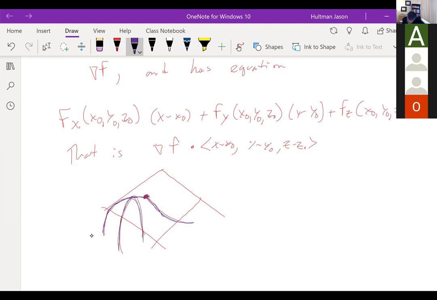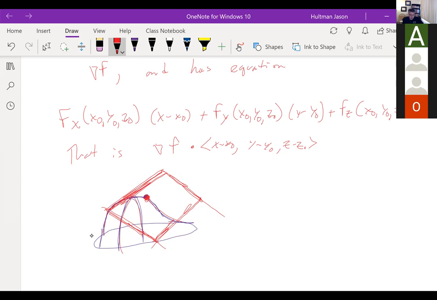And then we have the tangent plane tangent to this thing at this point.